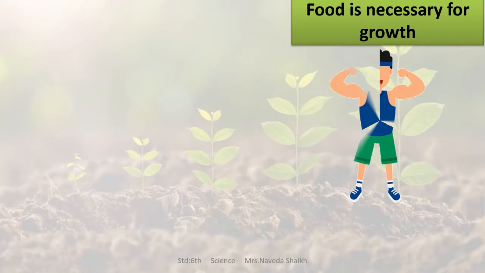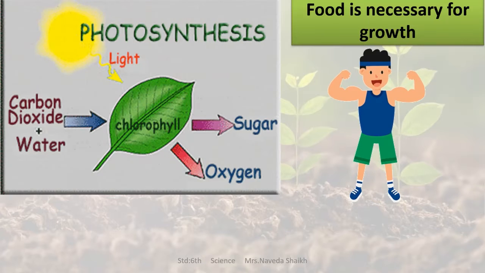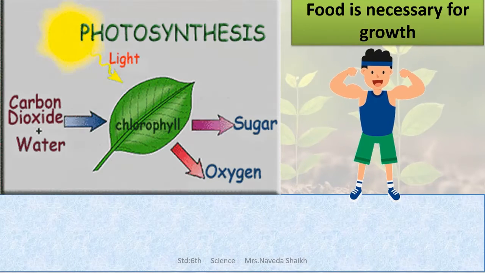So the very first example that we'll be talking about today is plants. Now plants have a special material in their leaf which helps them to prepare their own food. Means they do not need stove, gas, rice, dal, and all this to prepare their food and get energy. They have a special pigment in them which is called chlorophyll.